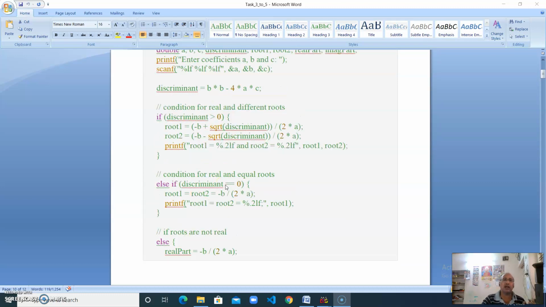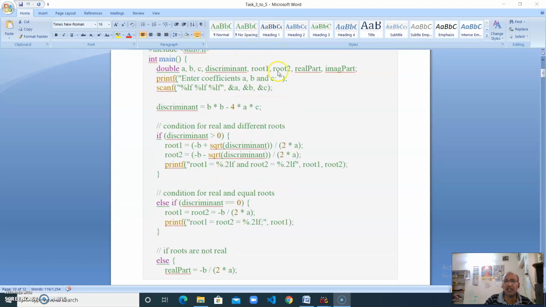Now the program. First we have to take the values of a, b and c, taking the data from the user. Then we calculate the discriminant b square minus 4ac.